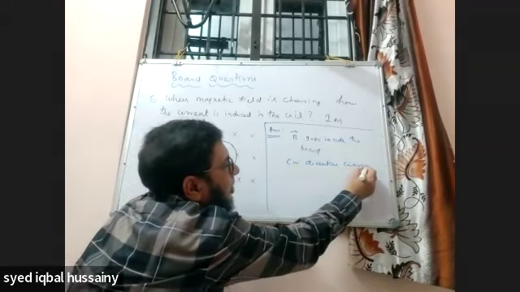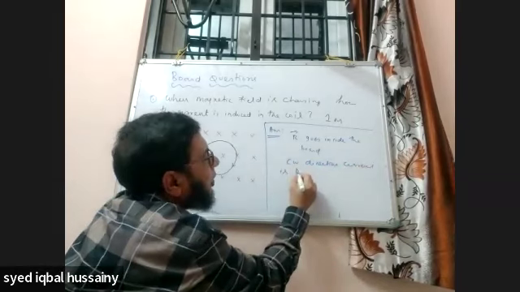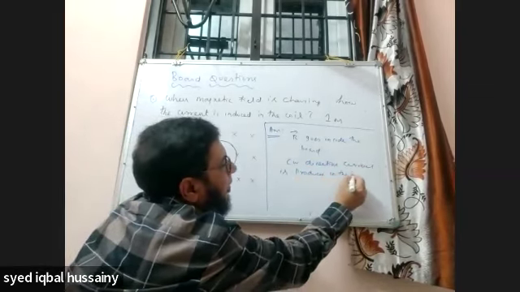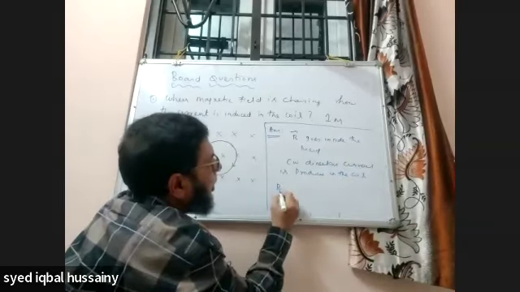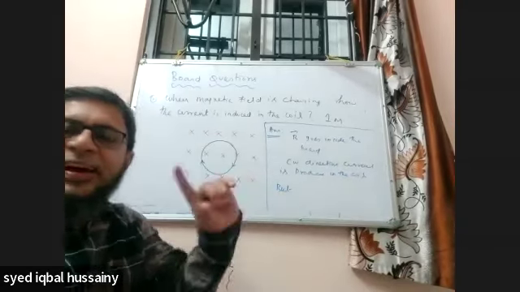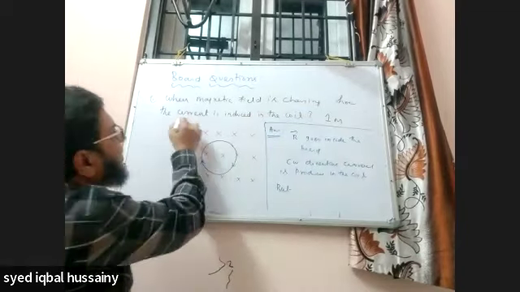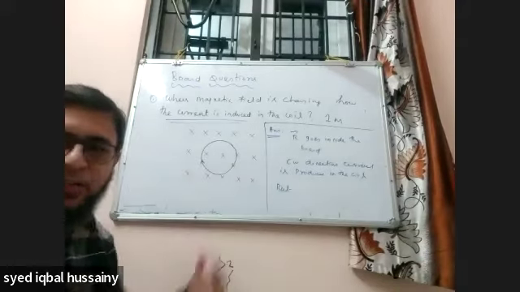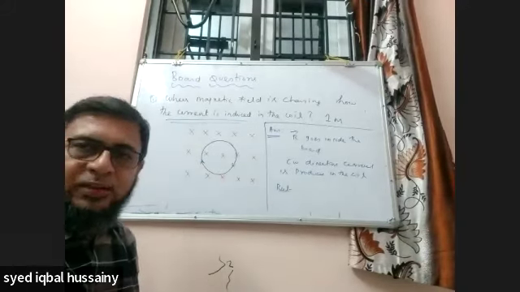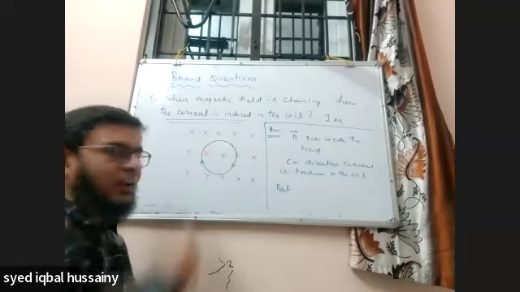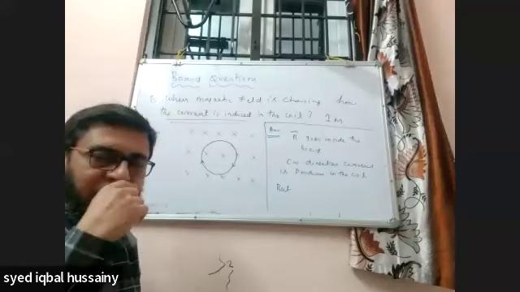Current is produced in the clockwise direction in the coil. But we don't want the current direction. We want the induced current. We are asked how the current is induced. That means he is asking for the induced current. Current is going in the clockwise direction. If you write clockwise, that is not the answer.